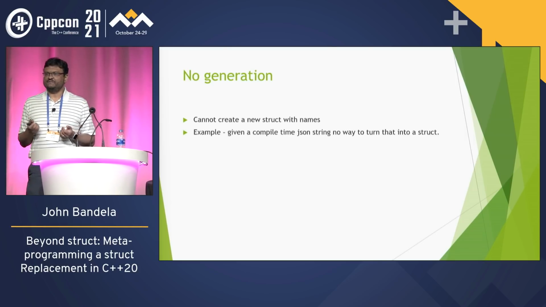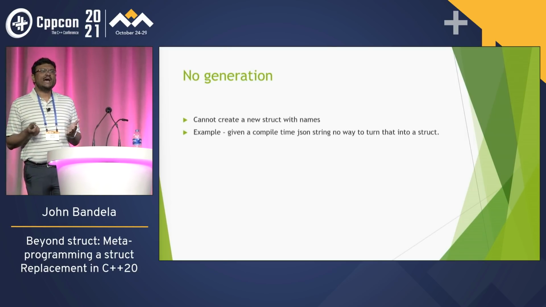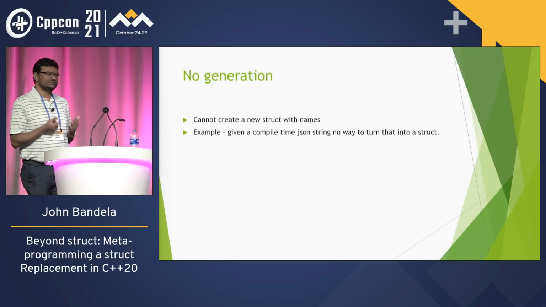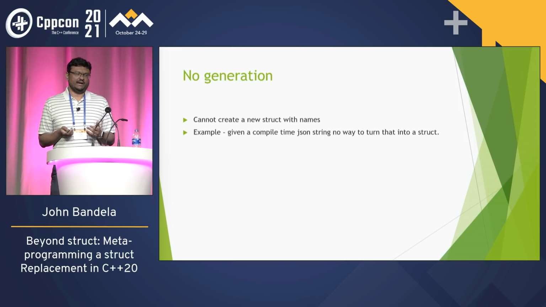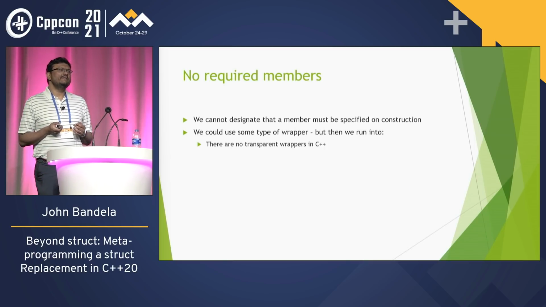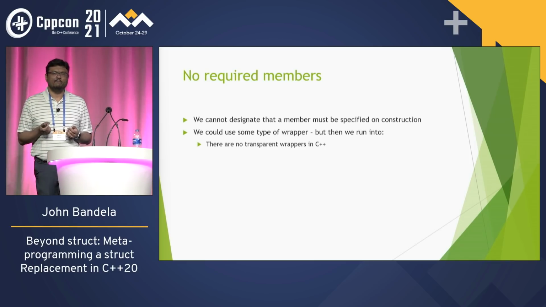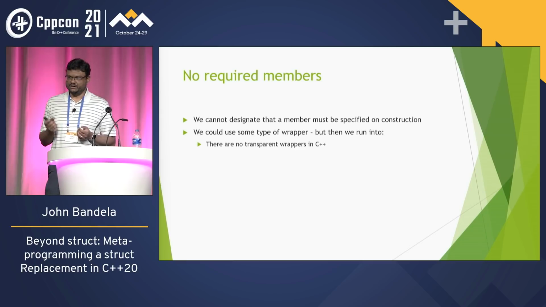For example, because it's familiar, JSON. If we had a compile time JSON string, can we say parse this and give me back a structure? We can't do that. And there's a minor thing, no required members. We can't designate that a member must be specified on construction, like, hey, you had to provide a value for this member.